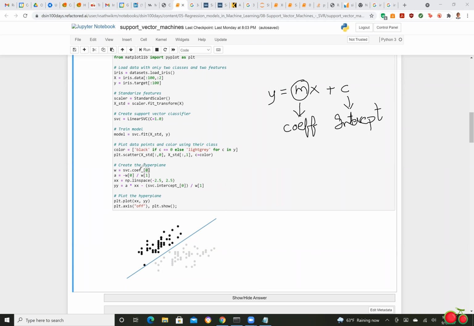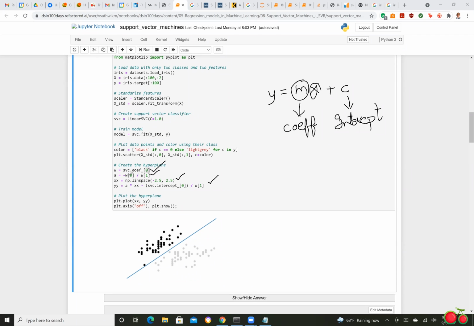After I fit my model here, I will look at the coefficient here. We are using A basically to calculate the intercept. So A is basically my variables. Then I'm creating the hyperplane here. So A into XX, where X is basically this variable. I'm picking the coefficients, and then I'm picking my intercept.